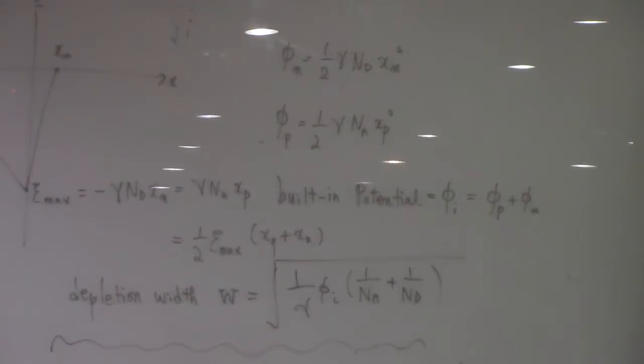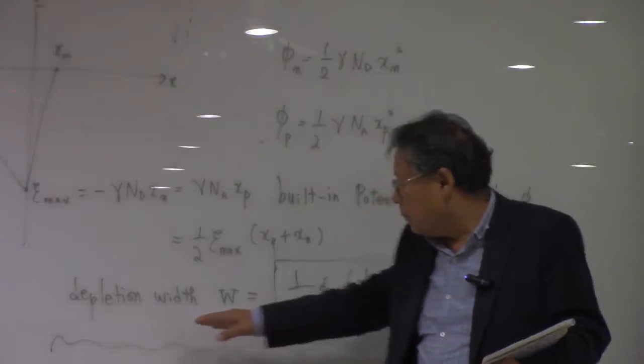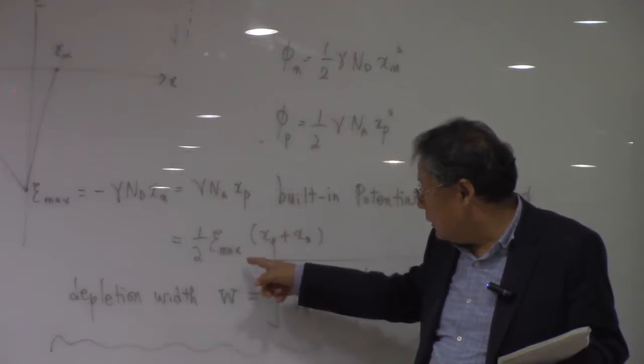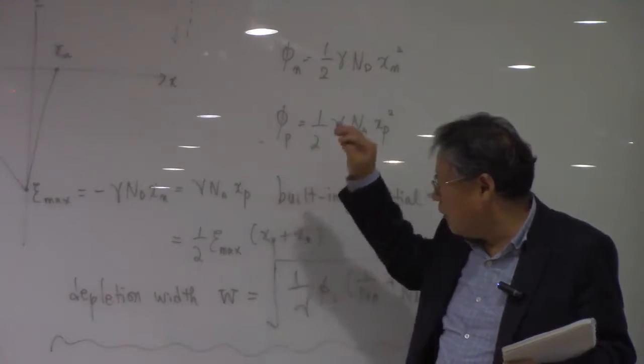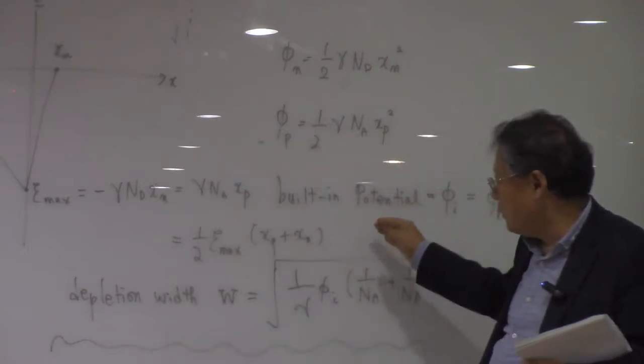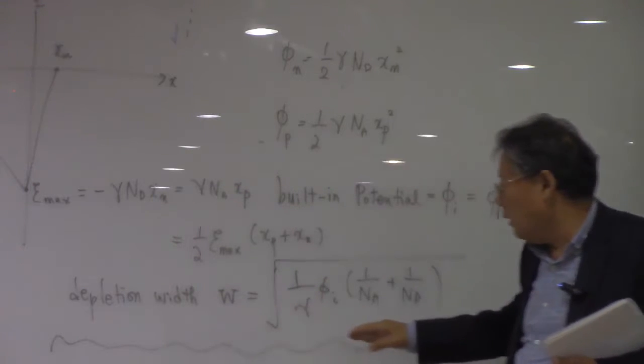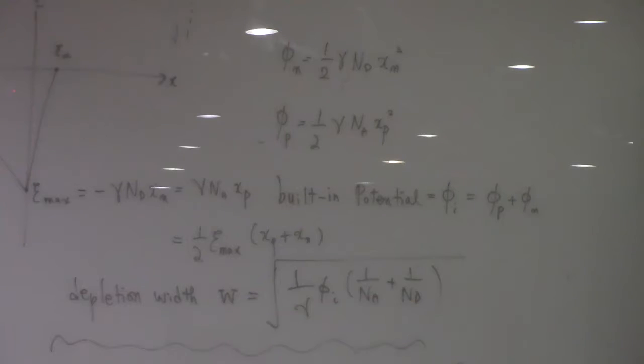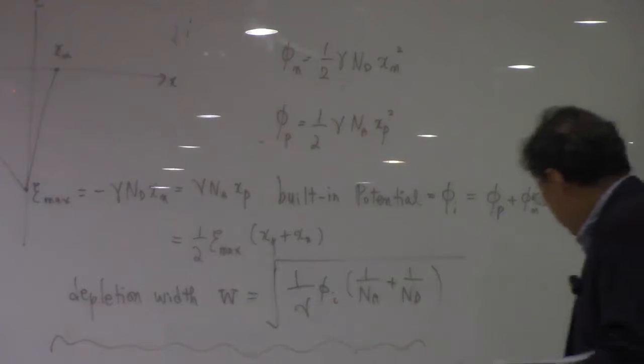If you physically do the doping to make a junction, the results on the electric field, built-in potential, and depletion width, all those things can be calculated. And that is amazing. Okay.